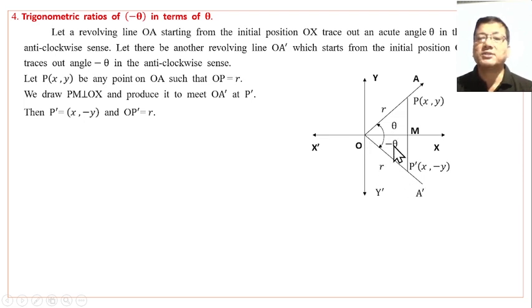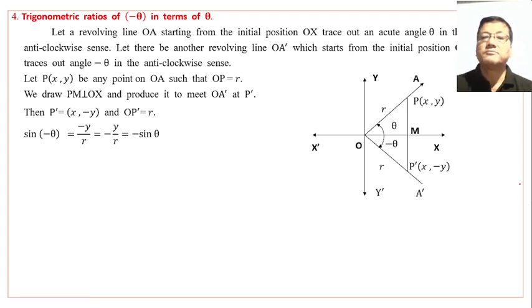In the triangles, the corresponding sides are equal. Then sin of minus theta, in the right triangle, is the perpendicular over the hypotenuse of the angle minus theta.